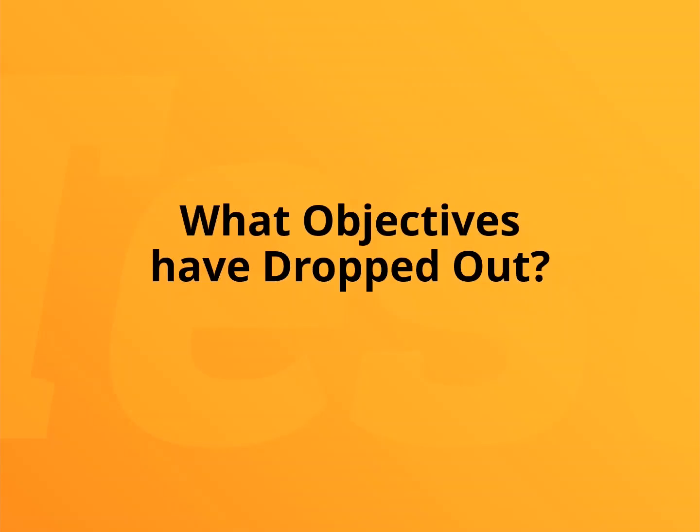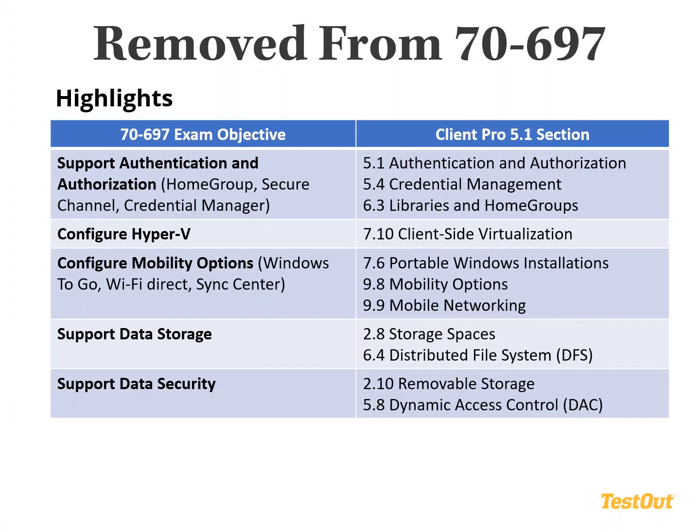So we'd like to go next into a quick high-level view of how the objectives have changed from 697 and 698 to the MD100 and MD101 objectives. So first we're going to look at which objectives have pretty well dropped out of the 697, 698 objectives. So this is from 697, some of the highlights of what's been removed, just for your information.